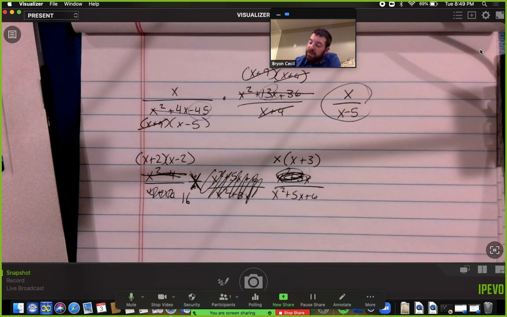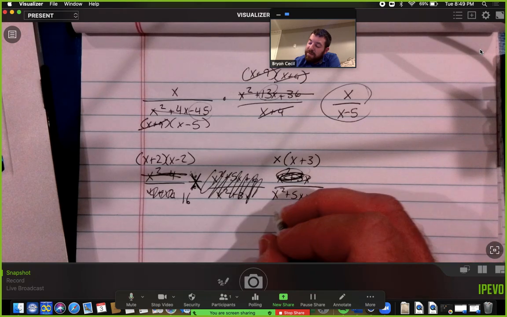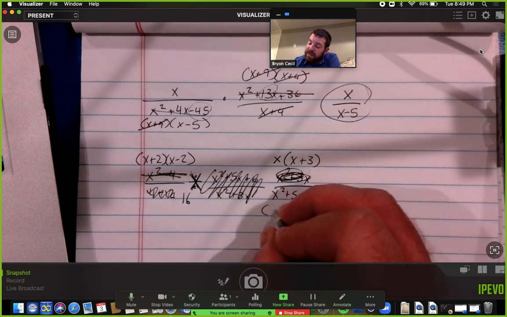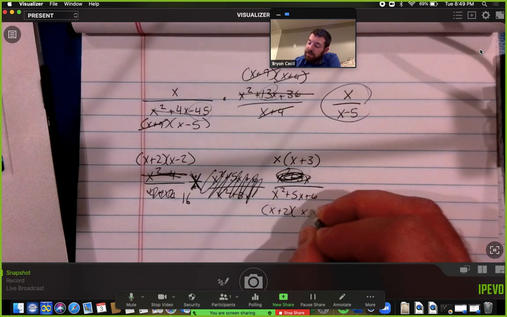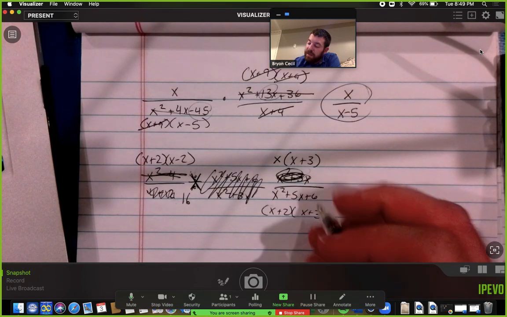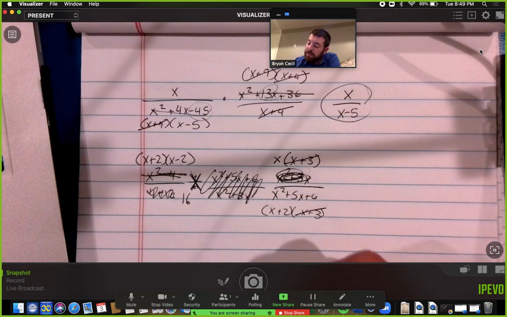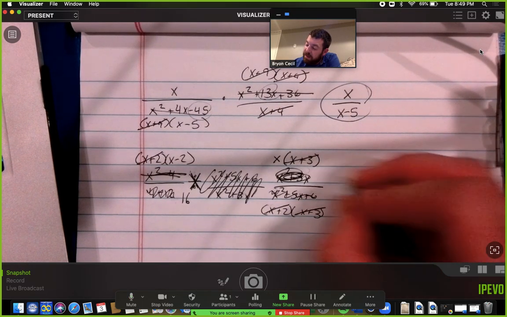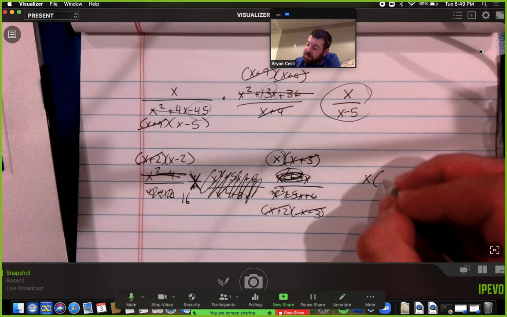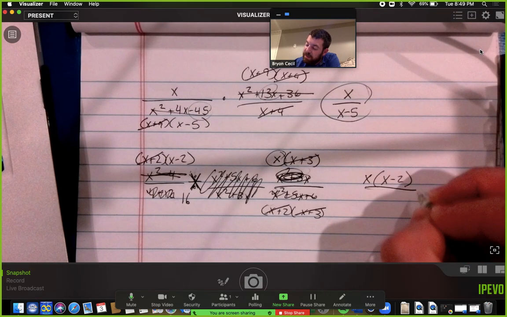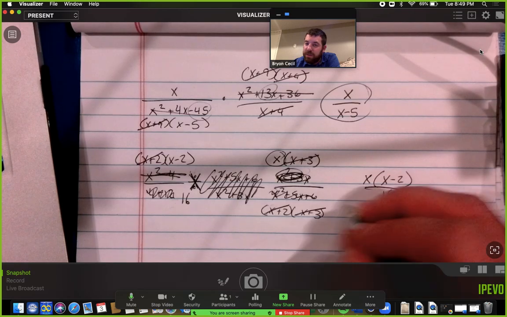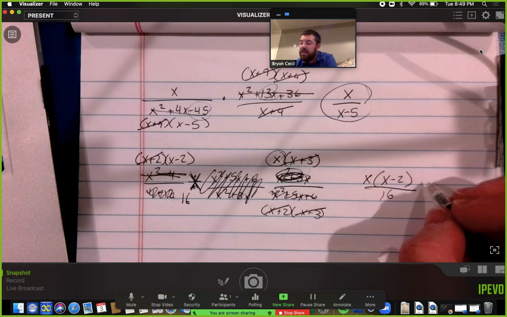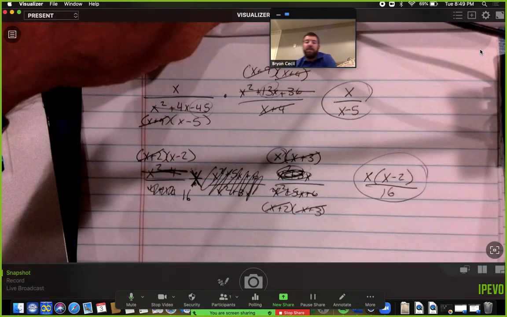And then I have x squared plus 5x plus 6. Factors of 6 that add up to 5 is x plus 2, x plus 3. I can cancel my x plus 3's. I can cancel my x plus 2's, and I'm left with x, don't forget this guy, x minus 2 over 16. I look to see if I can reduce anything. I can't. It's done. So there's the first two.